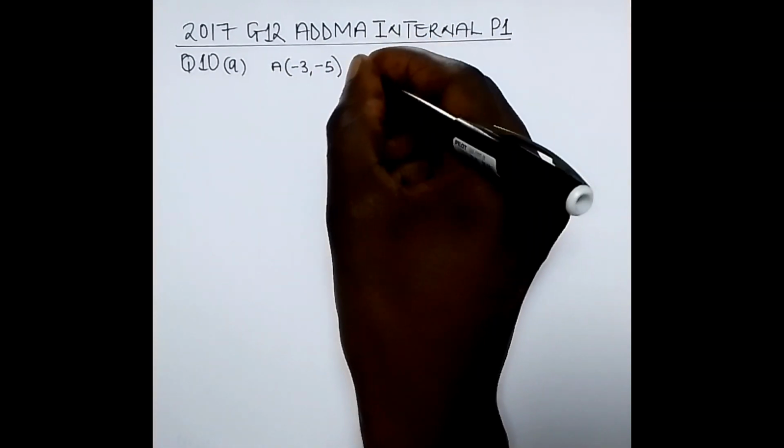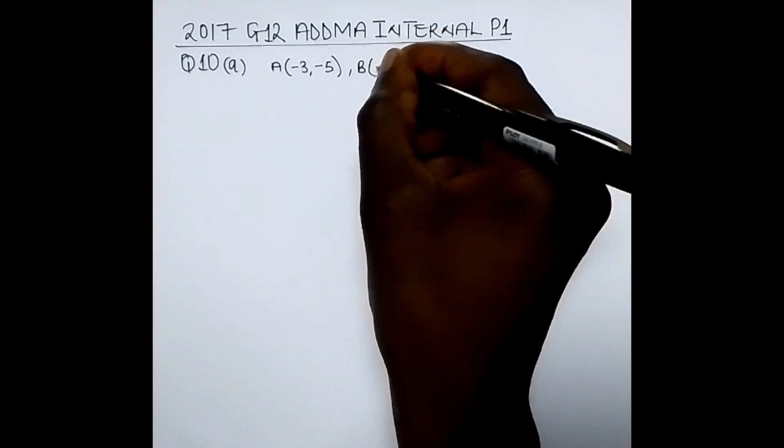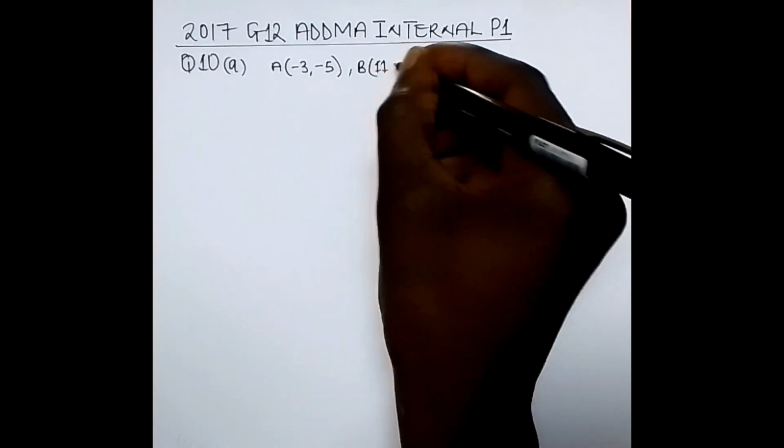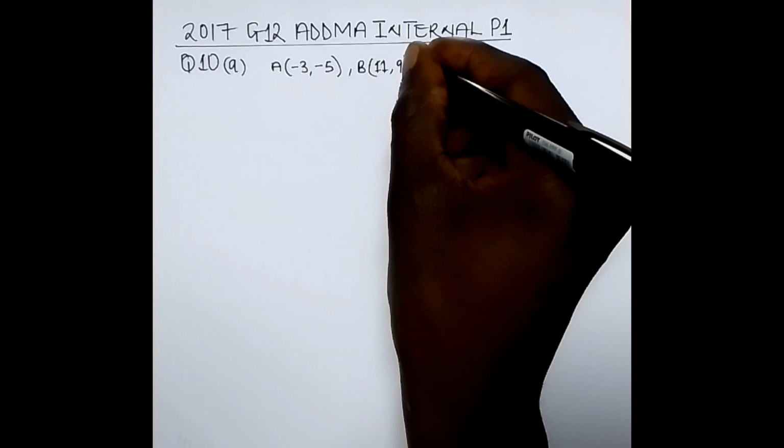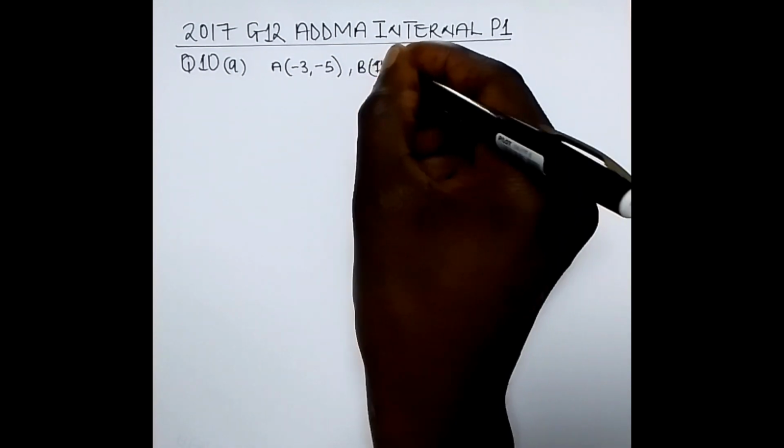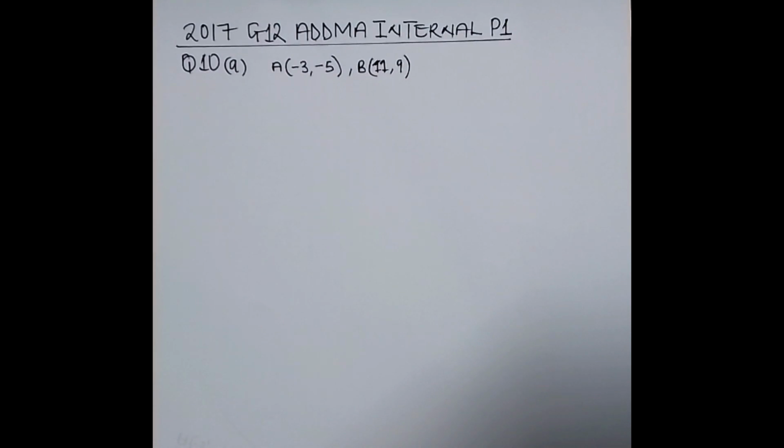Then B is 11, 9. Now, first of all we want to get the perpendicular bisector of this line and then find the vector equation of the line.